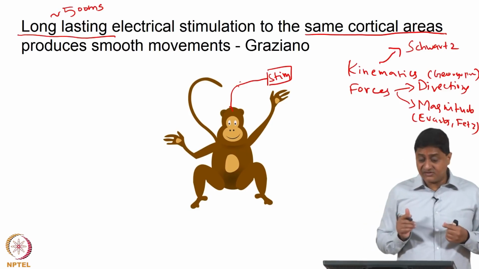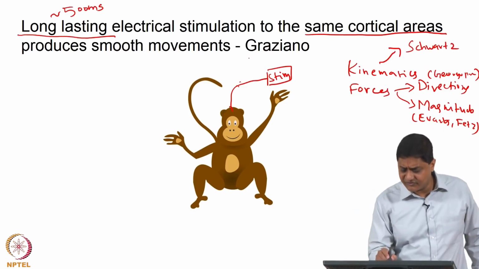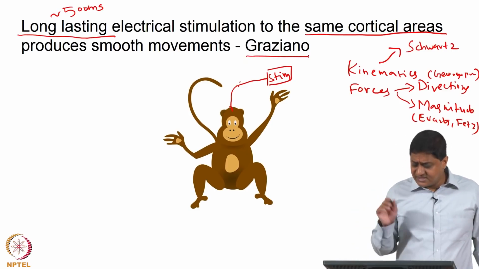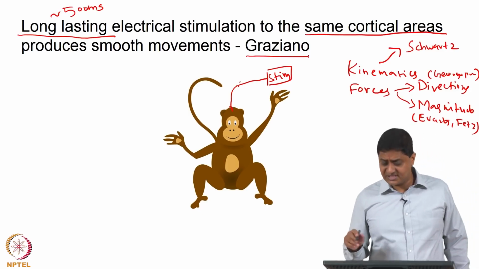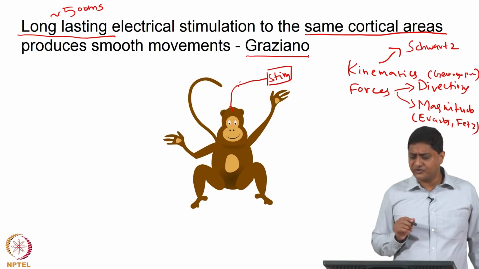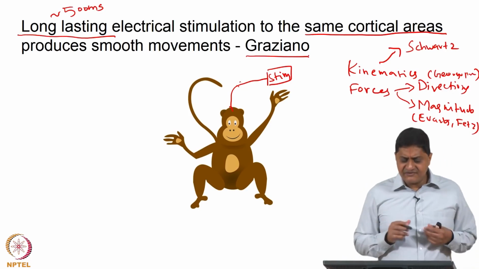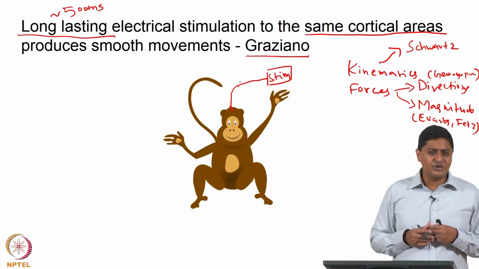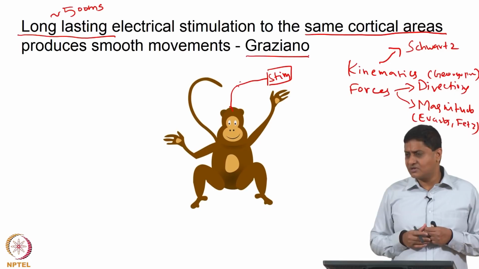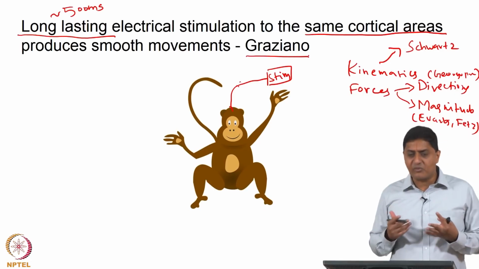So, this idea has received support. This was the work of Graziano. This idea has received support from several other studies that supported this hypothesis. Which leaves us with the question as to what is exactly encoded in the primary motor cortex, or what is the purpose or the role of the primary motor cortex.